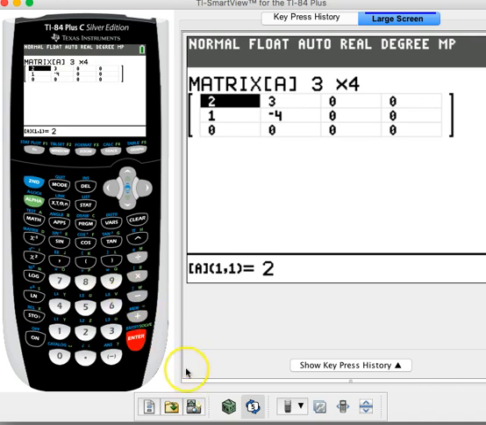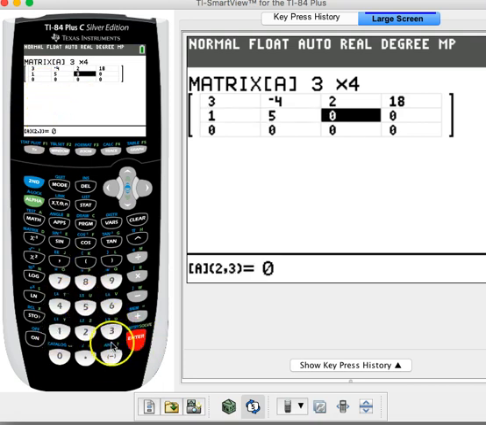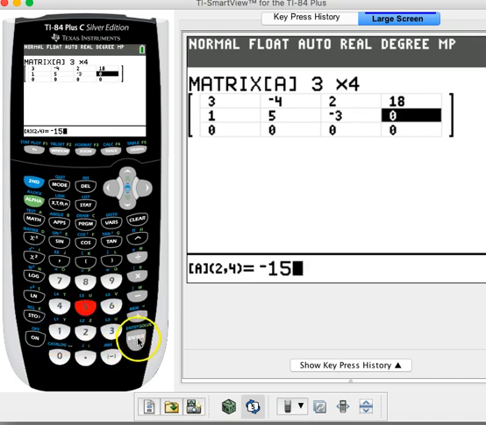So my top row, I have 3, then I press enter, then -4, make sure you use the negative key and not the subtraction, then 2, and then 18. See how it skips automatically to row 2, where I have 1, 5, -3, and -15.